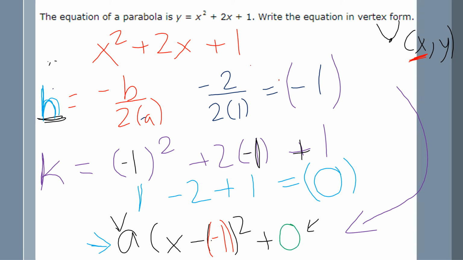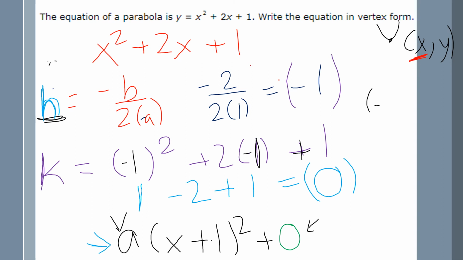And then for k to be 0. Now we notice inside the parentheses we got two negatives, right? Here and here. Well, guess what happens? Two negatives become a positive. Ladies and gentlemen, you just wrote it in vertex form. And your vertex, if I was to ask you, what's the vertex of this?